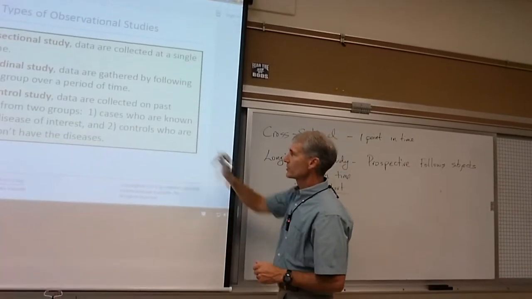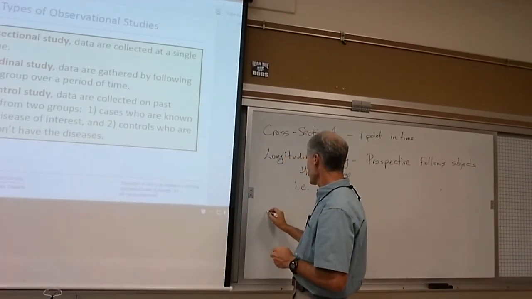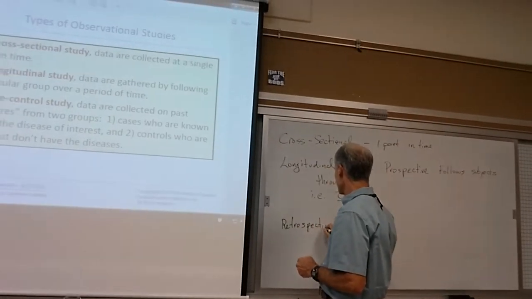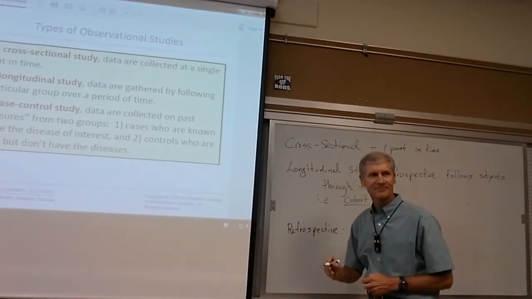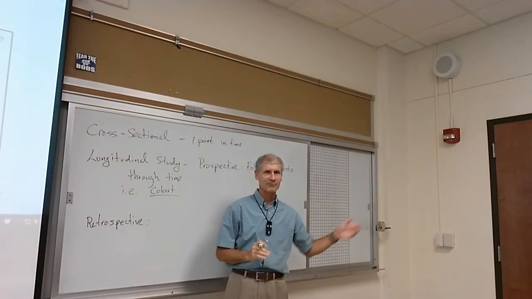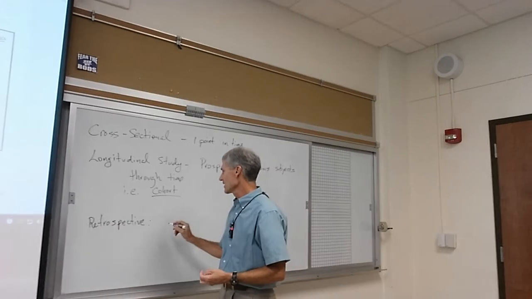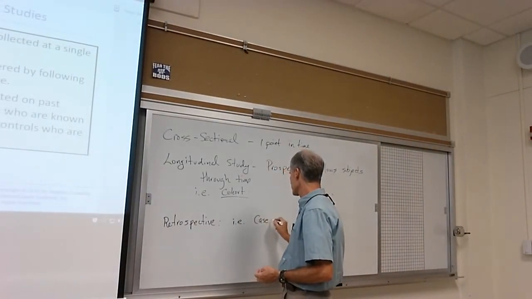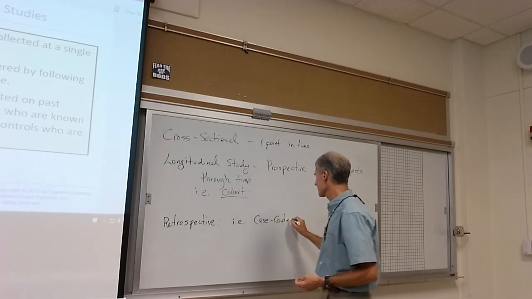This one, which is not in the book, is a retrospective study. So what does retrospective mean? Looking back. Retro, right? So looking back, i.e. a case control study. This is the most common type of a retrospective study.